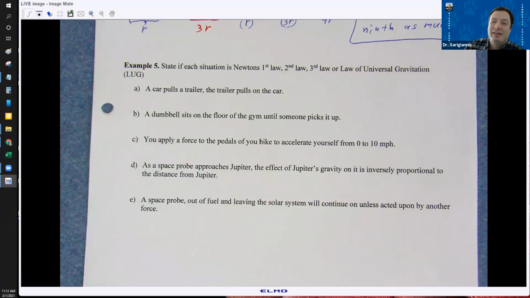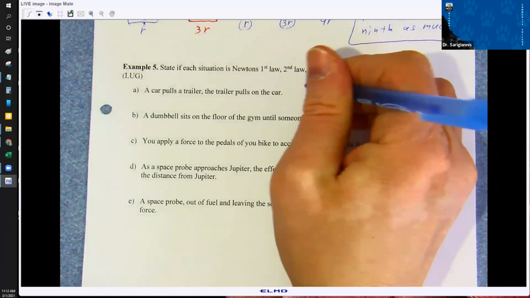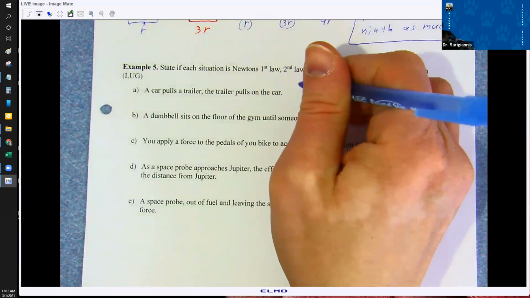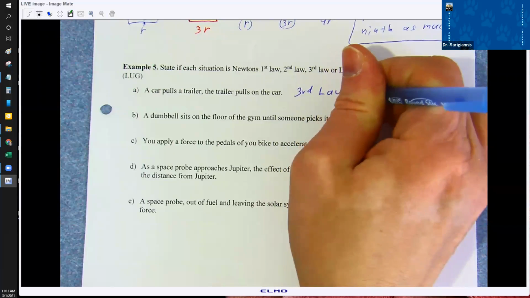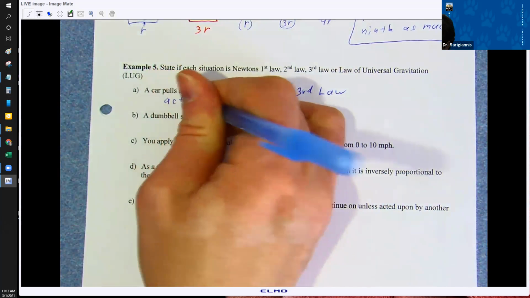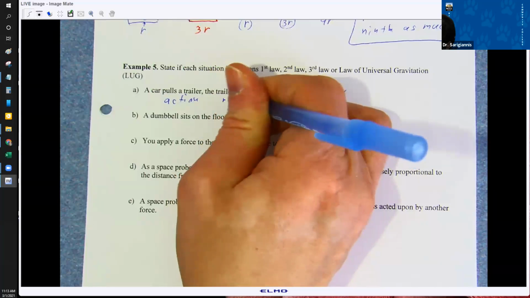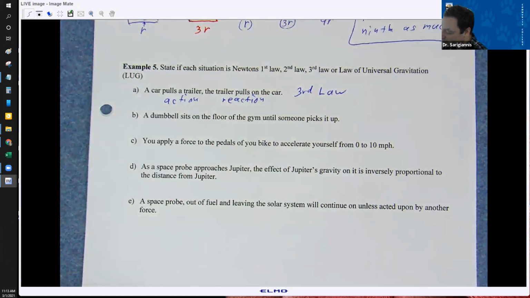That's the equal and opposite reaction. So let me write that down on the screen here. I'll just write third law. And so this could be the action, and this is the reaction. All right.